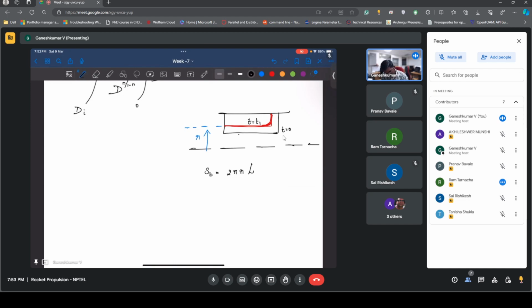We don't know that yet. This is the L we are talking about, but this L also will keep on changing. So 2 pi R into L, plus, what is the total surface area? This surface area is what I am writing as 2 pi RL, and this surface area is going to be, with R naught, R naught minus R.